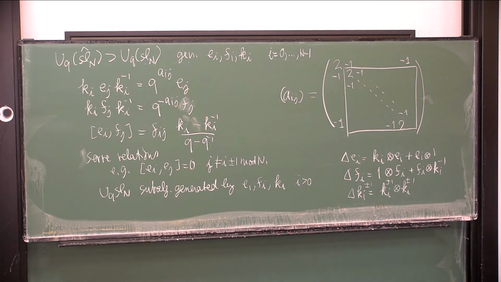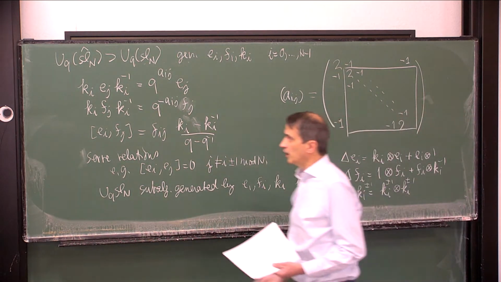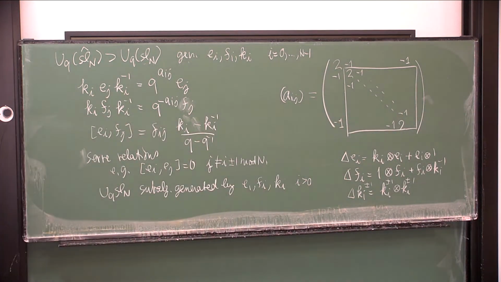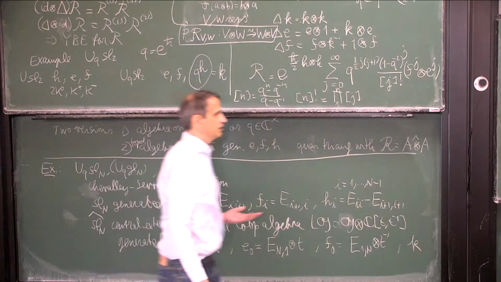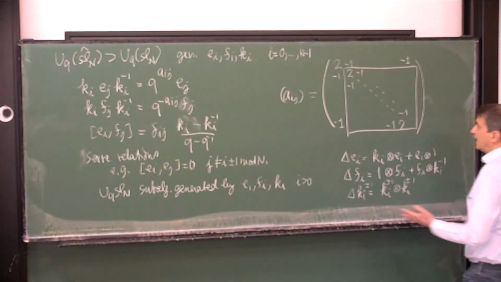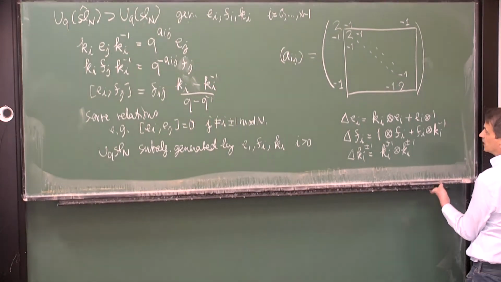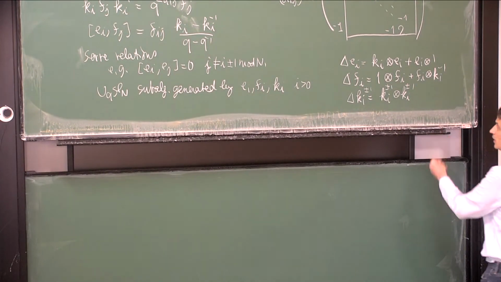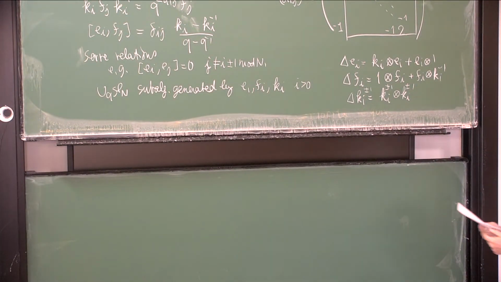Okay, so you can check that this is indeed a product. So the formula for the R matrix is much more complicated, but this you don't really need in the concrete construction, because you can directly construct the R matrices in representations. So let me say something about representations.